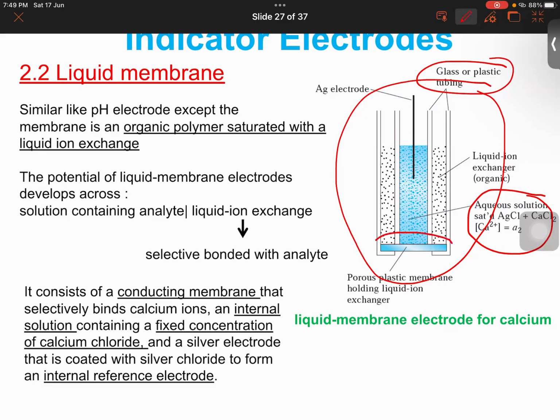And we can have a membrane that we functionalize ourselves so that the membrane can do ion exchange. So in this case, we can use this homemade electrode as the indicating electrode.